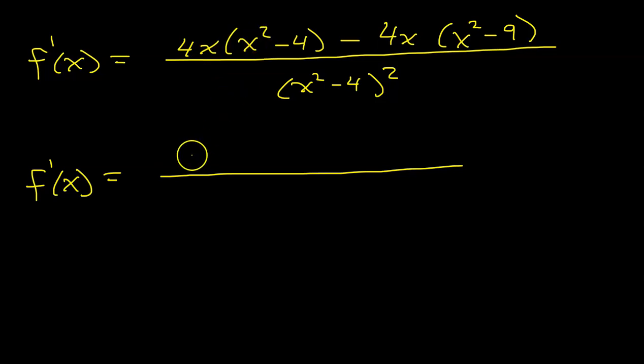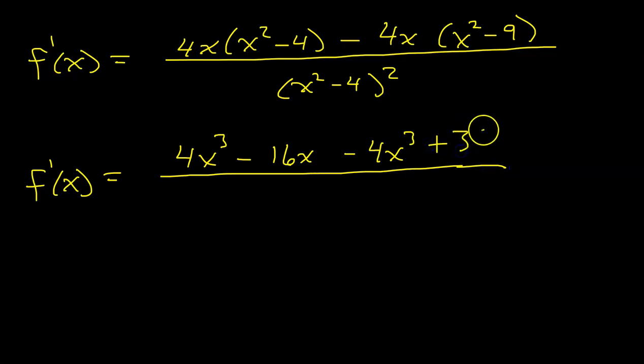So 4x times x squared will be 4x to the third power minus 16x. Now I'm distributing a negative 4x. Don't forget about the negative sign. So I'm going to get negative 4x to the third power, but then I'm going to get plus 36x. And I am going to leave this alone.